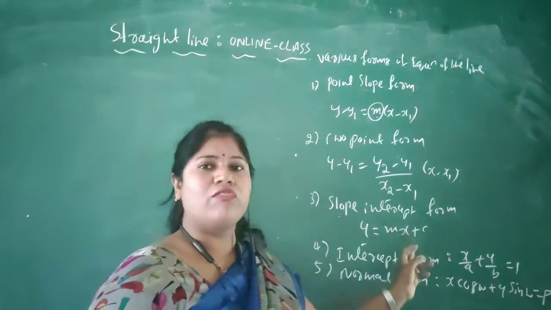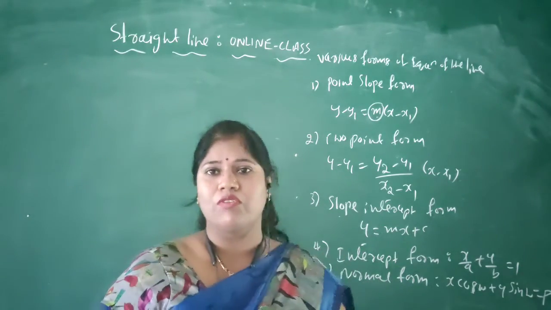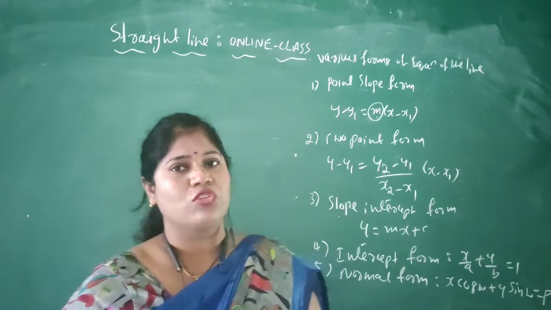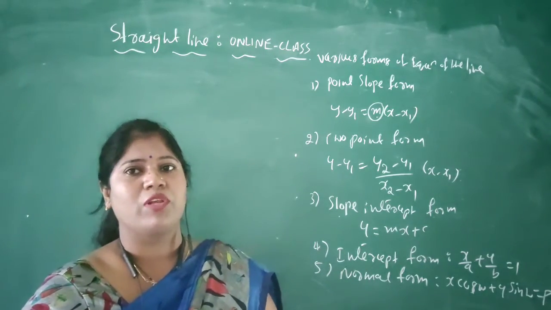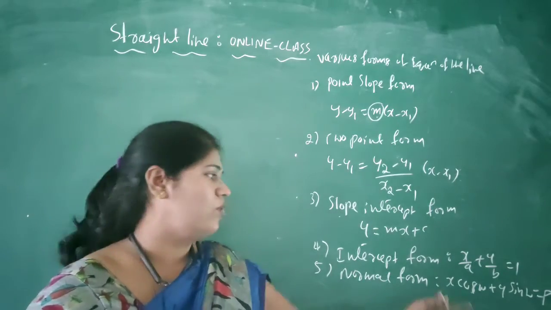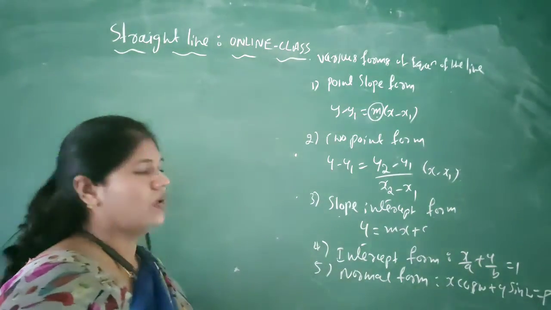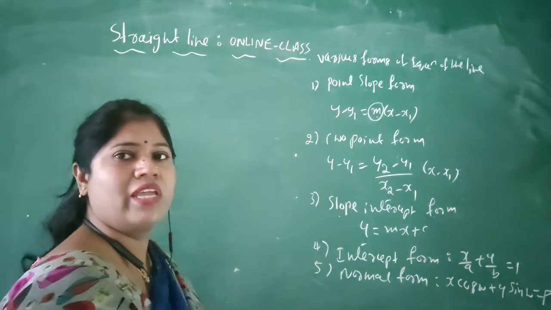Slope intercept form is y equals mx plus c, intercept form is x by a plus y by b equals 1, and normal form is x cos w plus y sin w equals p. We are going to discuss these various forms of equation of the line one by one.